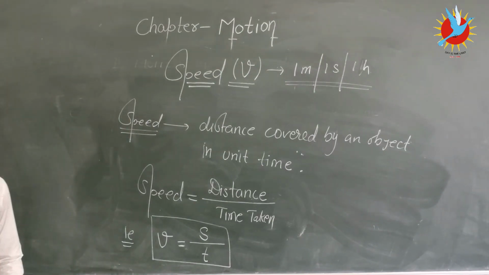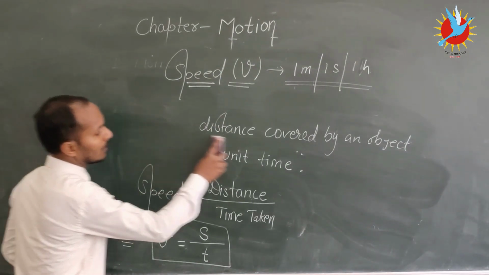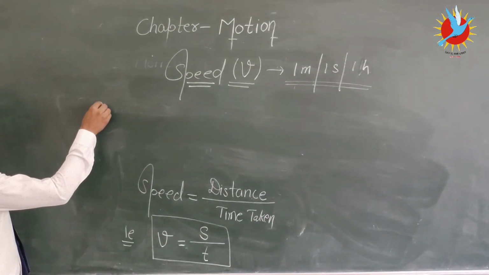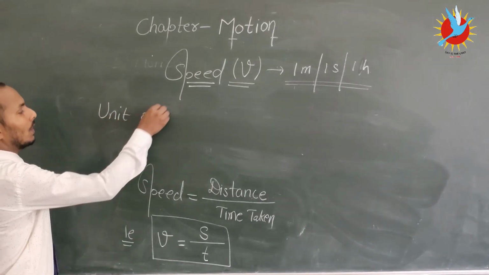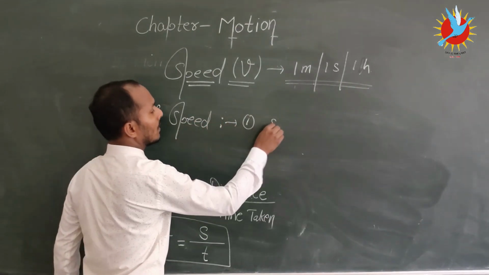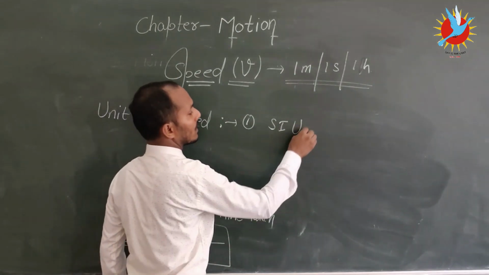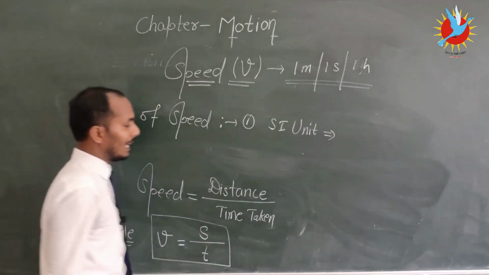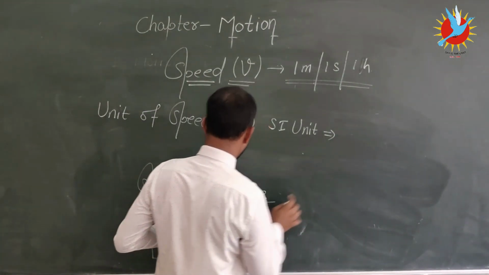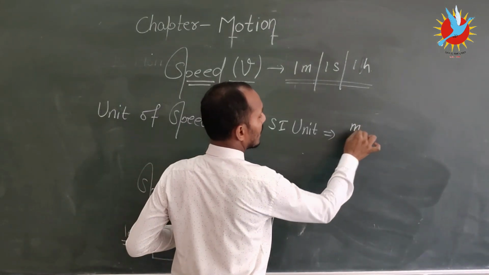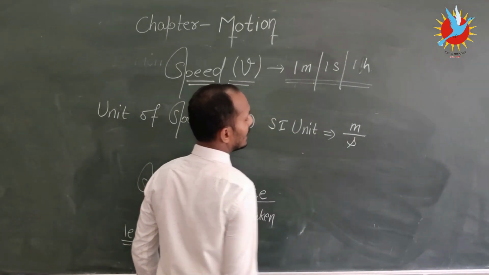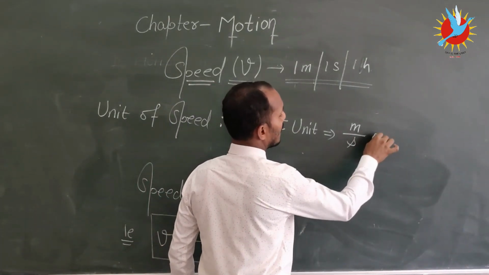Then what is its unit? If I am talking about the unit of speed, first is the SI unit. The standard unit of distance is meter, and the standard unit of time is second. So its unit becomes meter per second.